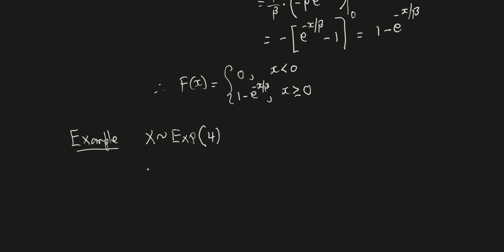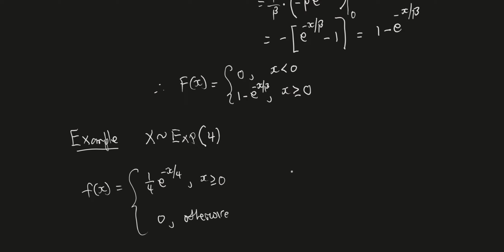So let's go through and first write down the PDF and maybe give a sketch and say a couple things about the properties of that function. So here is the PDF. It's 1 over 4 e to the negative x over 4, and this is for x greater than or equal to 0, and then it's 0 otherwise.